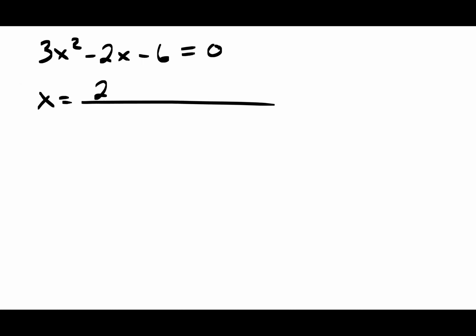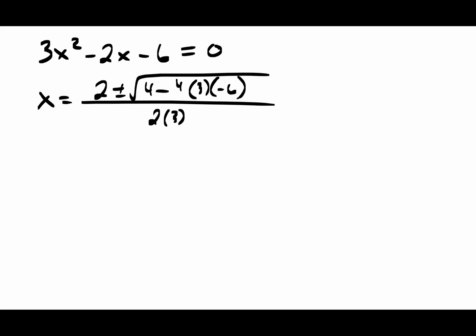We're going to have to do the quadratic formula. So negative b plus or minus the square root of that same number squared minus 4 times a times c all over 2 times a. All right, copying that down.